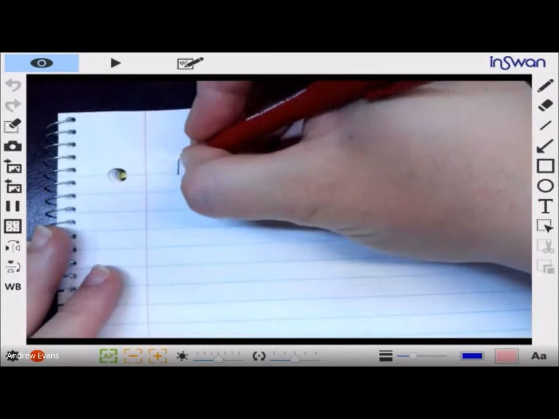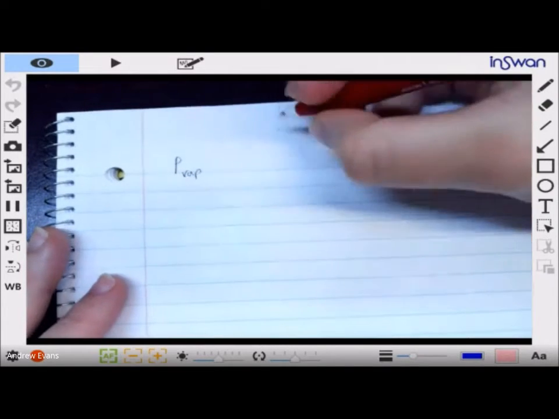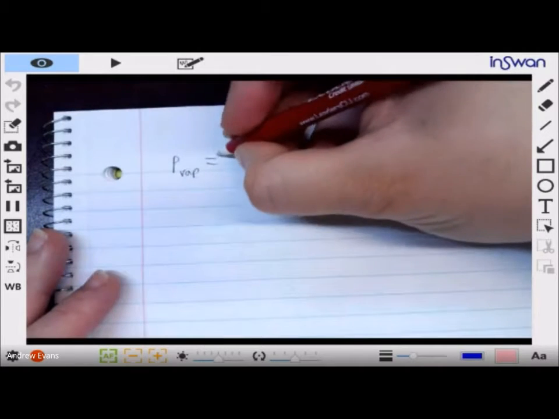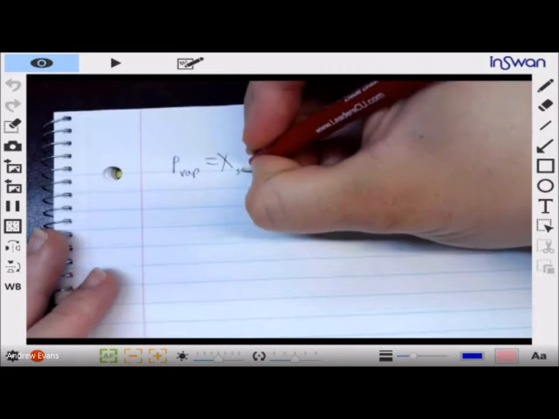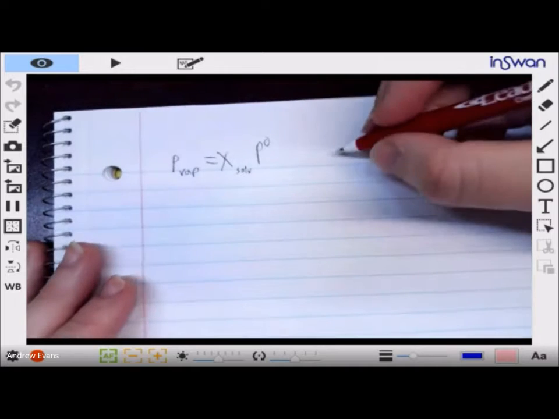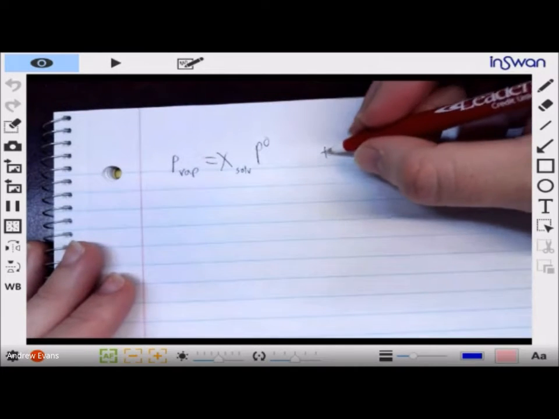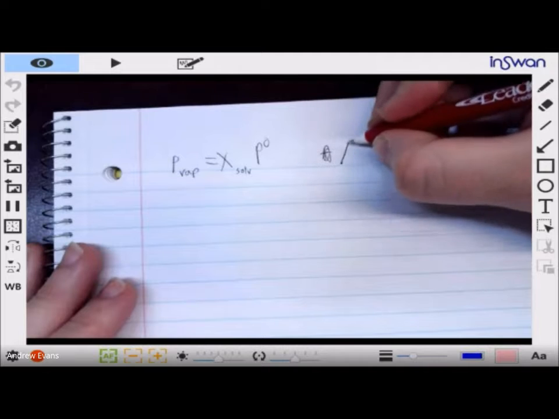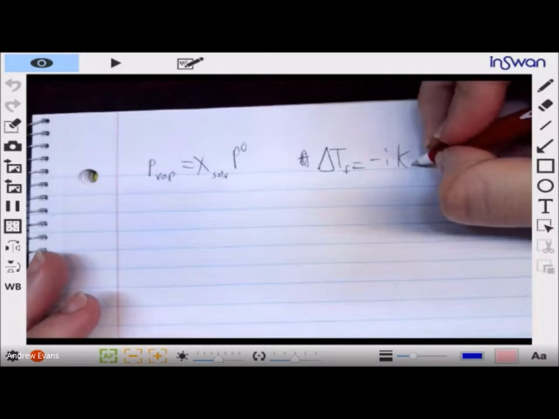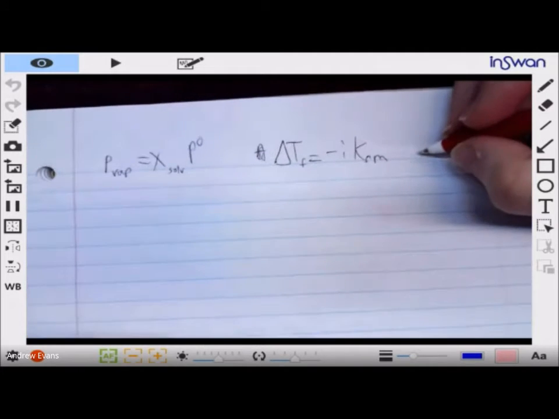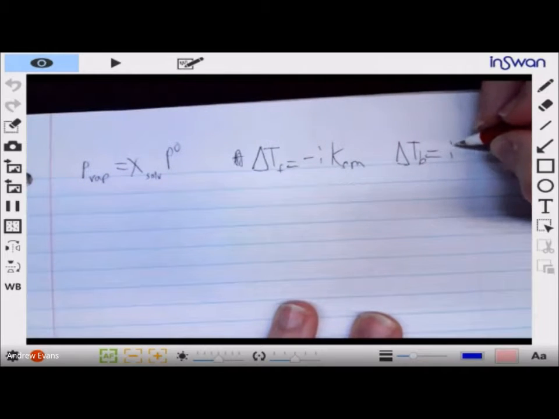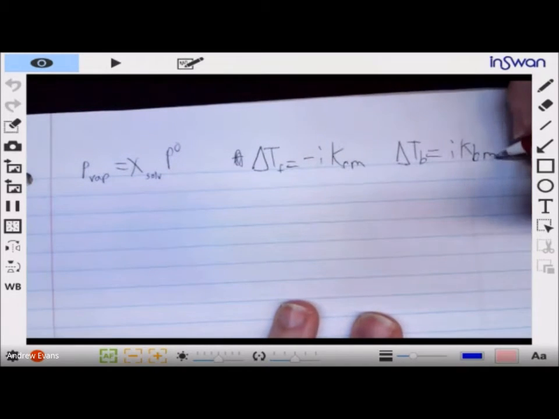We looked at vapor pressure, how that changed when we dissolve something, times the P star. We looked at freezing point depression, which was delta TF equals negative i KF m. We looked at boiling point elevation, positive i KB m.